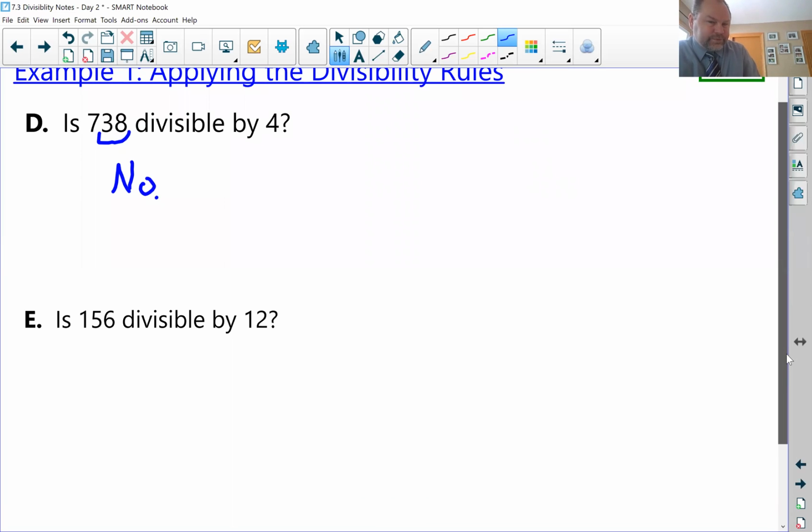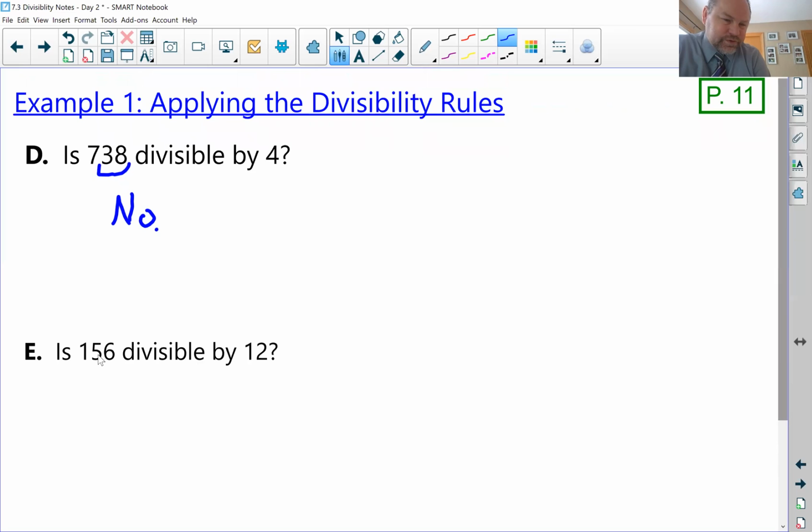And then for 156, to be divisible by 12 means it has to be divisible by 3. So if I add the digits together, 1 plus 5 is 6, plus 6 is 12. That's evenly divisible by 3. Then I look at the last two digits.